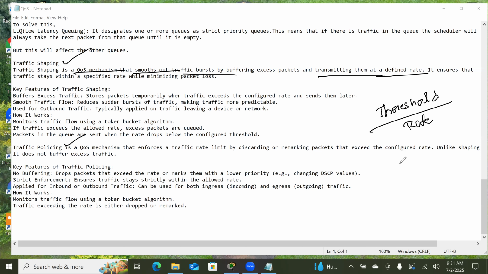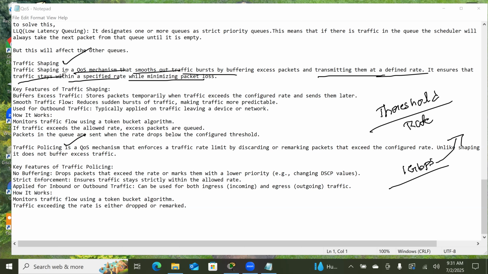For example, if the data rate is getting more than 1 Gbps, then what will traffic shaping do? It's going to buffer the extra data it's getting. You can see here the traffic stays within that specific rate while minimizing packet loss. If it is getting more than this threshold rate, it's going to keep this extra data in a buffer here.